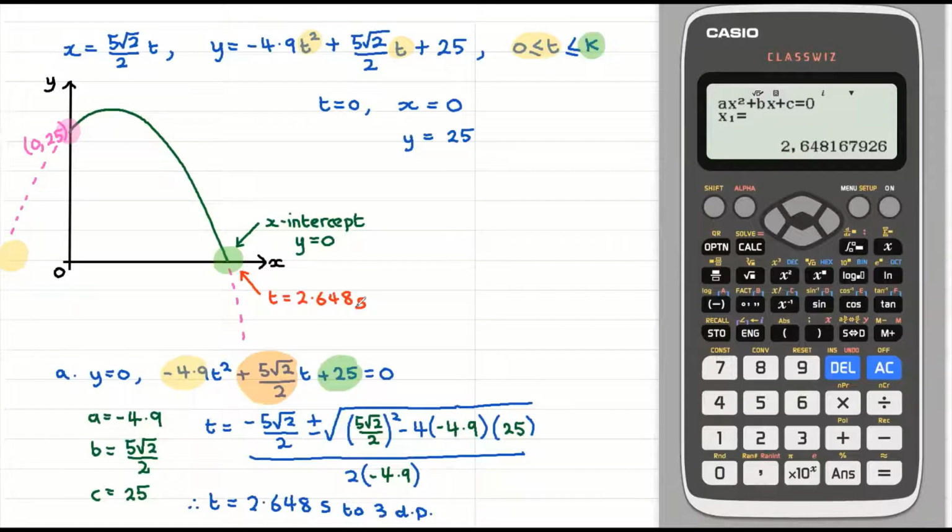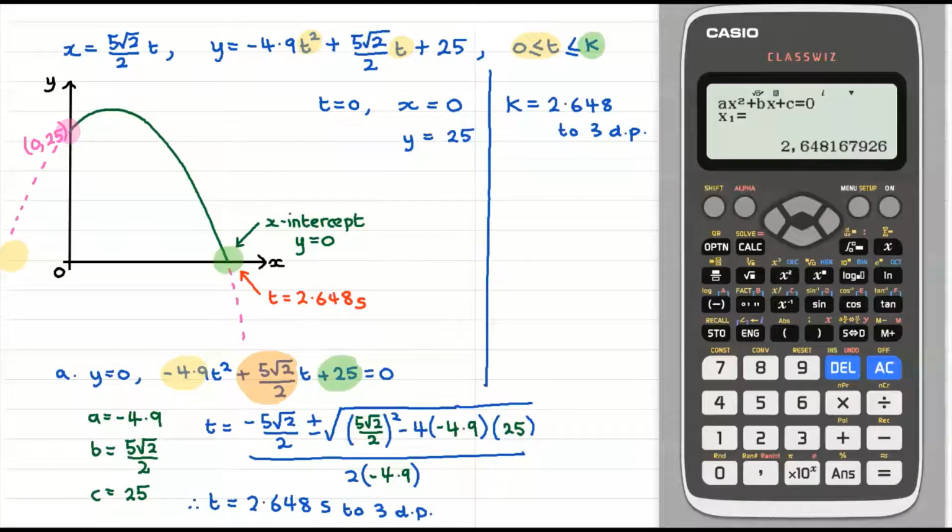So the k value is equal to 2.648 to 3 decimal places. I hope that makes sense. It's just putting all these different ideas together.